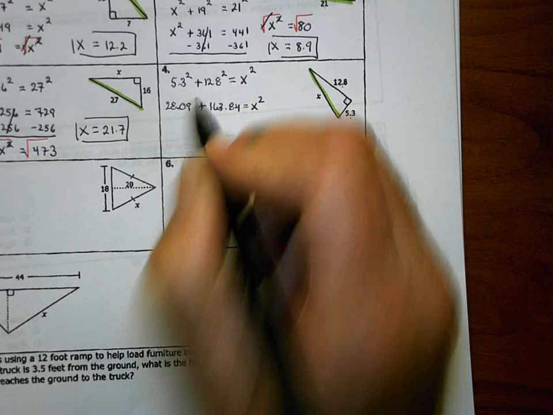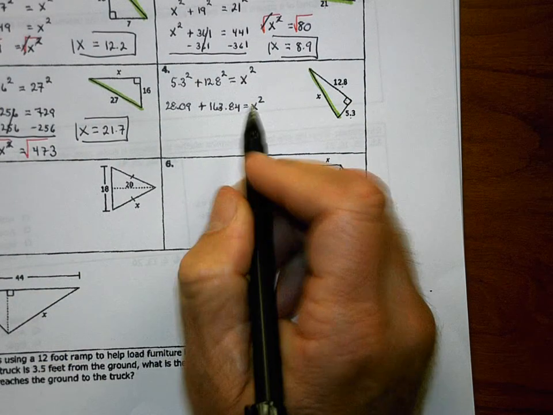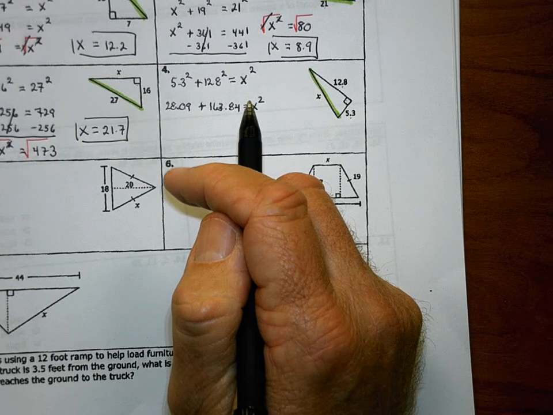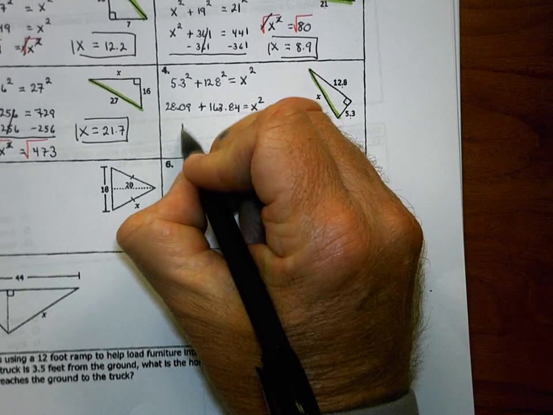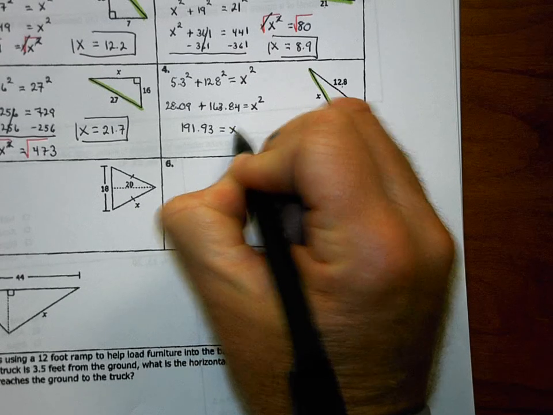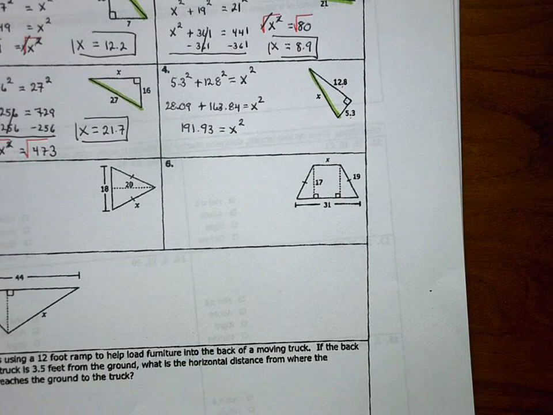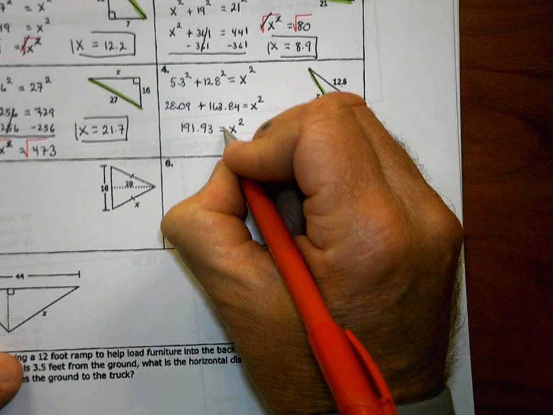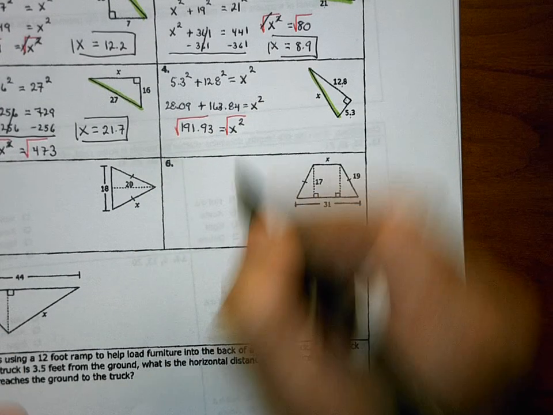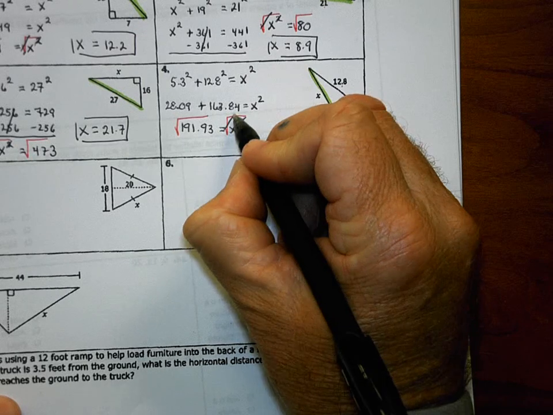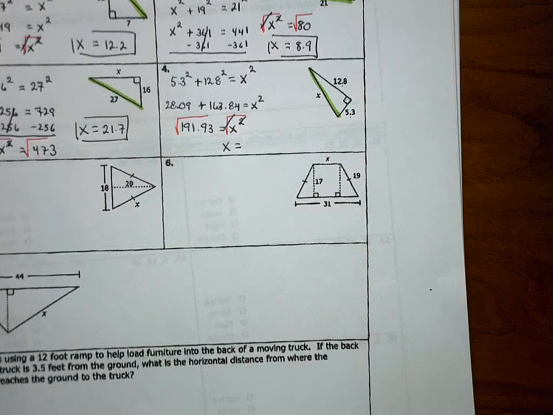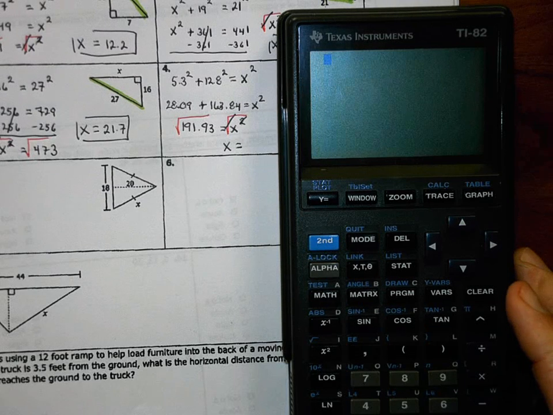Add these two values up, so 163.84 added to 28.09 gives me 191.93, and that's going to be equal to x squared. And now to solve for x, when you have an x squared, you take the square root of both sides of the equation. Once again, that second power would cancel out the radical symbol, so we would get x is equal to whatever the square root of 191.93 is.